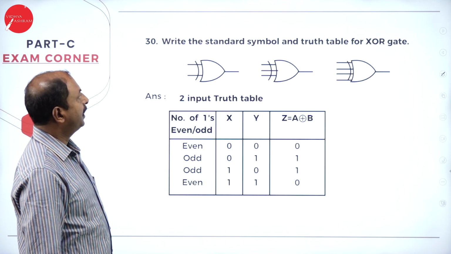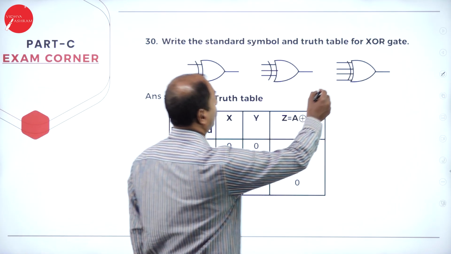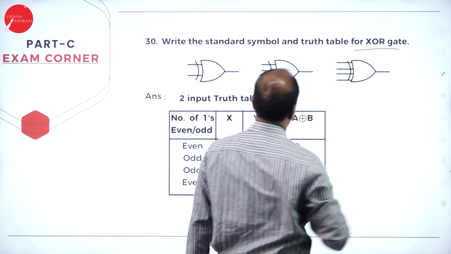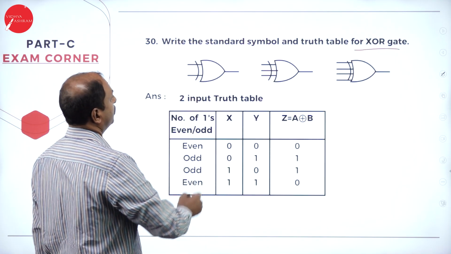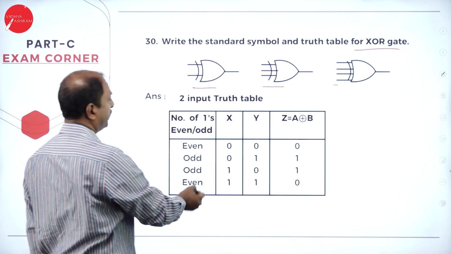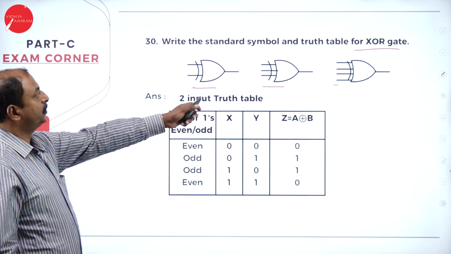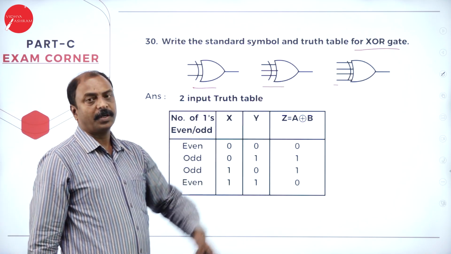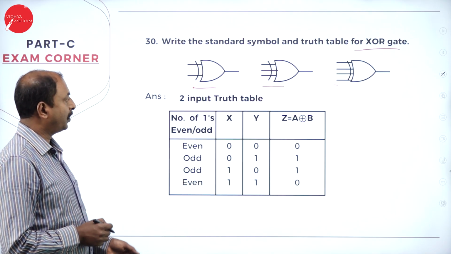Next question is, write the standard symbol and truth table for the exclusive OR gate. So this is the logical symbol, and this is the truth table for the 2 input XOR gate.